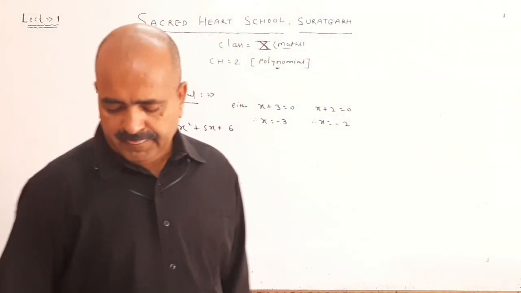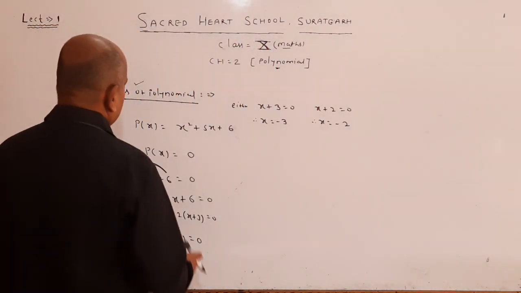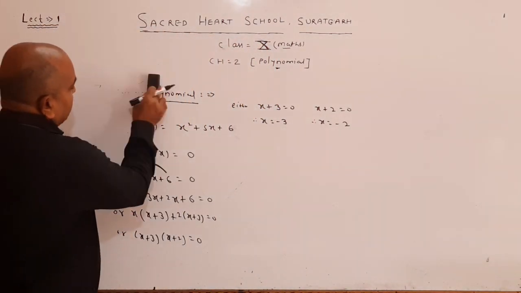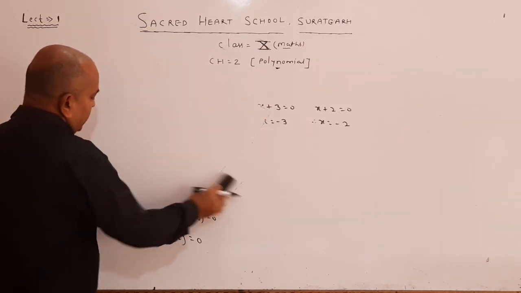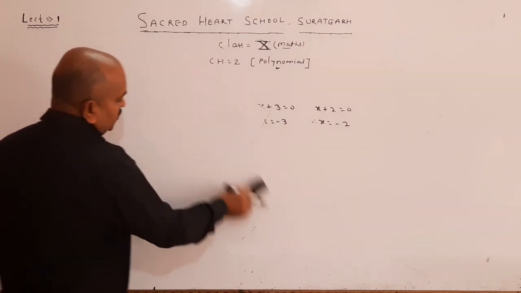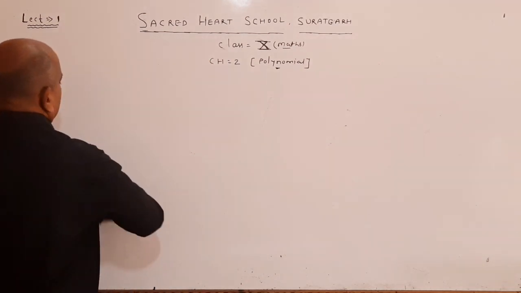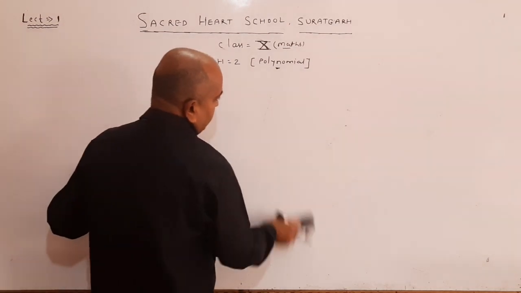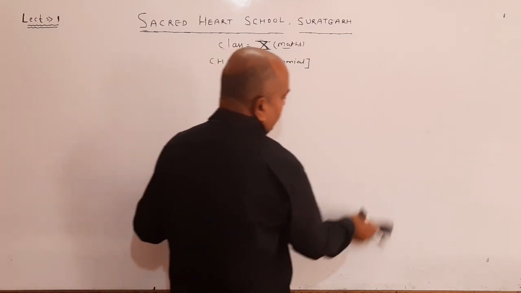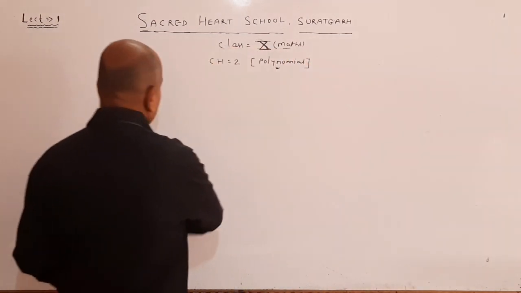Now students, the next topic: to find zeros of the polynomial by graph.